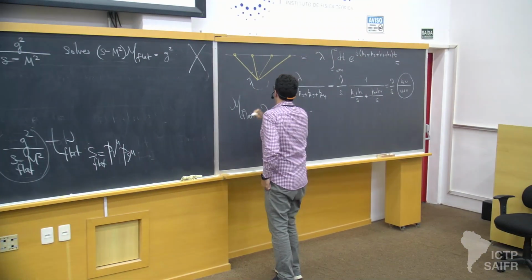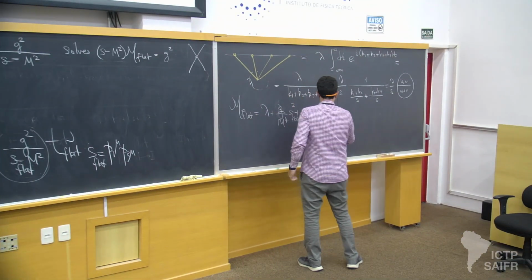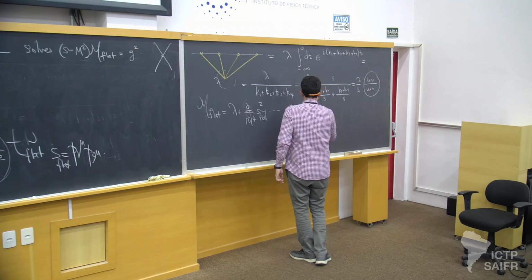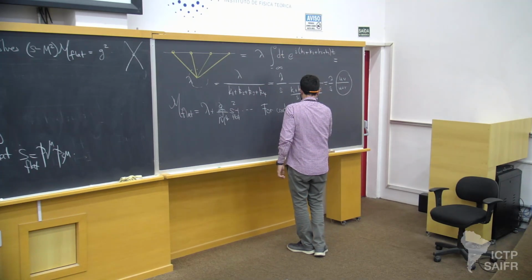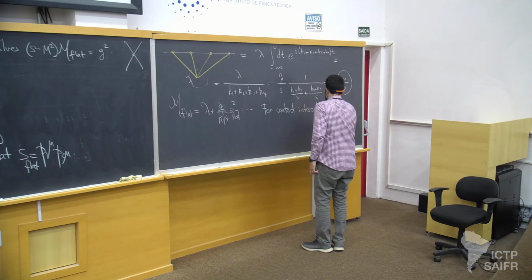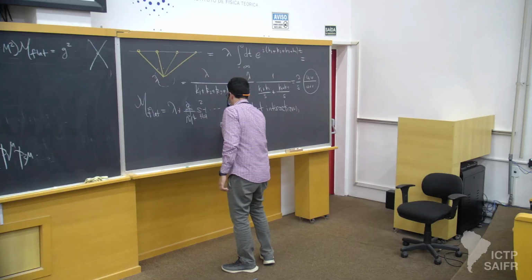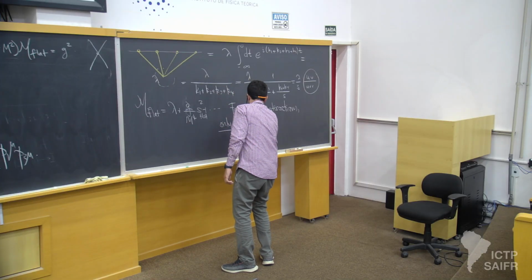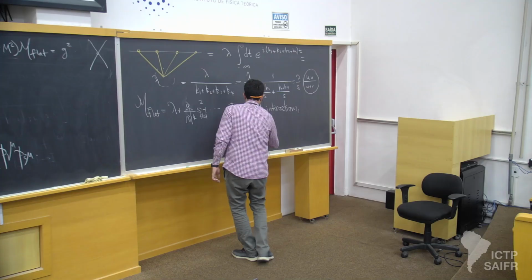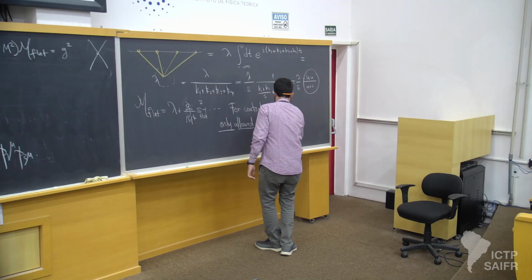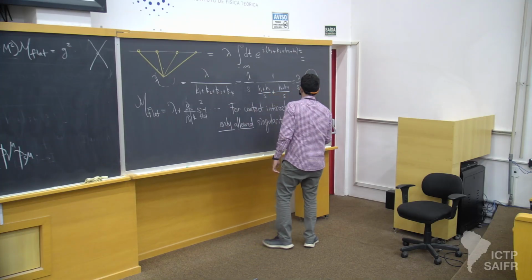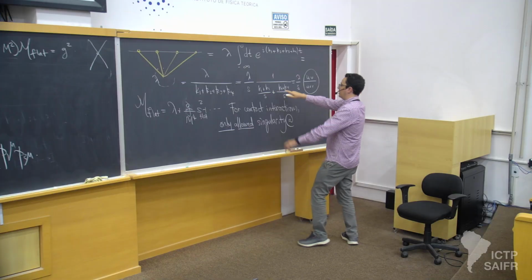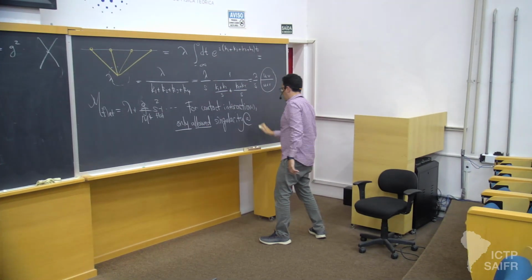So for contact interactions, and this is a tough constraint, the only allowed singularity is at the sum going to 0, which is u plus v going to 0.